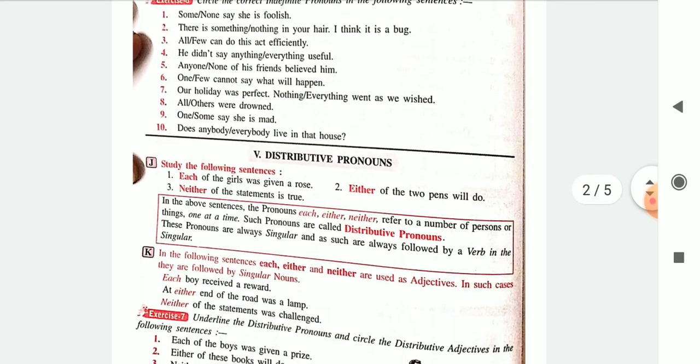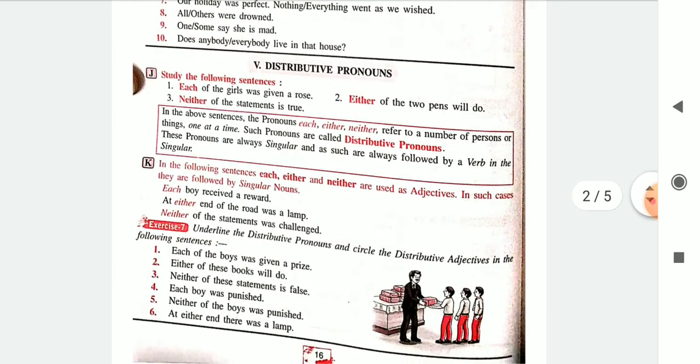Now we have distributive pronouns. What do we mean by distributive? We use certain words like each, either, neither. These words are called distributive pronouns, where you have to choose. Neither of the girls can go on a picnic means none of the girls.